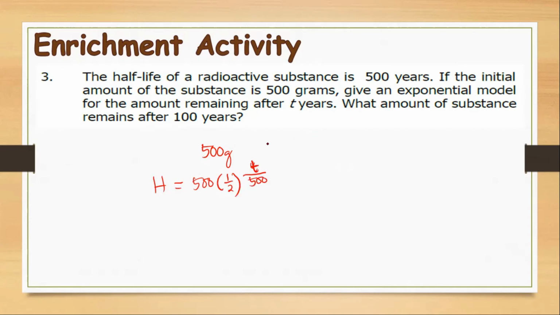What amount of the substance remains after 100 years? So all we have to do is substitute. The amount H equals 500 times 1/2 raised to 100 over 500. And that is 500 multiplied by 1/2 raised to 1/5. So let's solve 1/2 raised to 1/5.